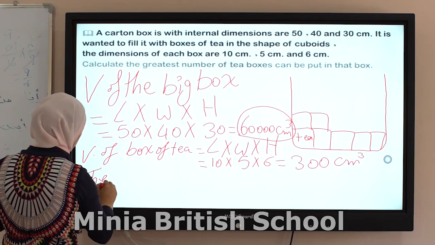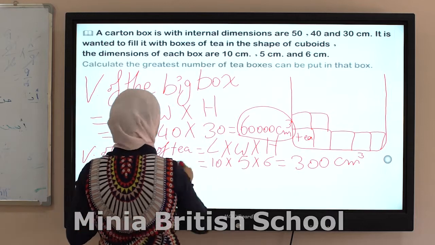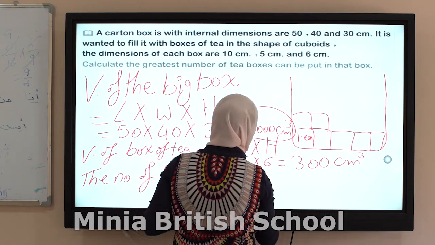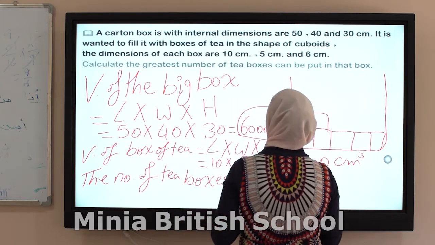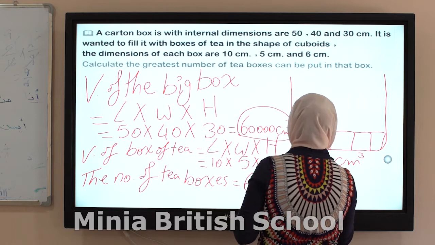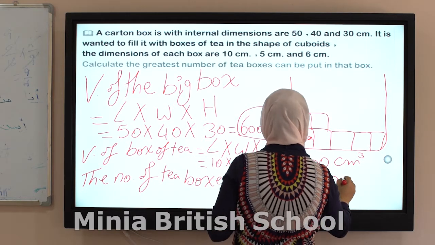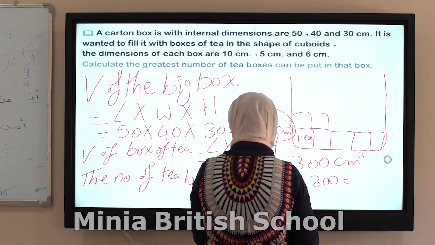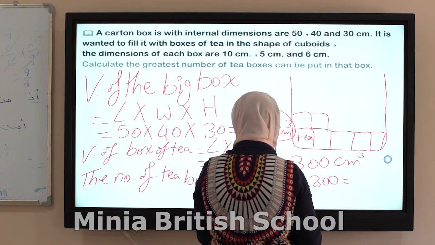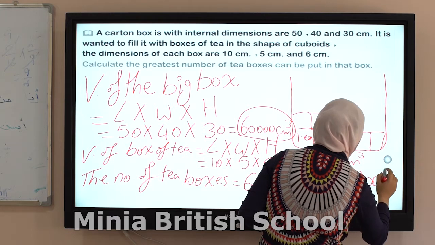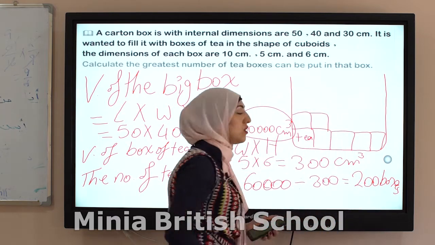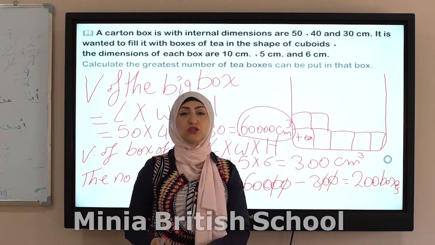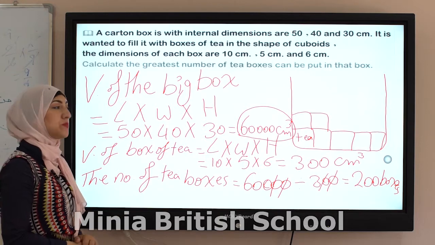So the number of tea boxes equals 60,000, okay, divided by 300, so 600, okay, divided 300 equals 200 boxes. 200 boxes. 60,000 divided 300, okay, by this. 600 divided 3 equal 200 boxes, okay? Is it easy? Okay.